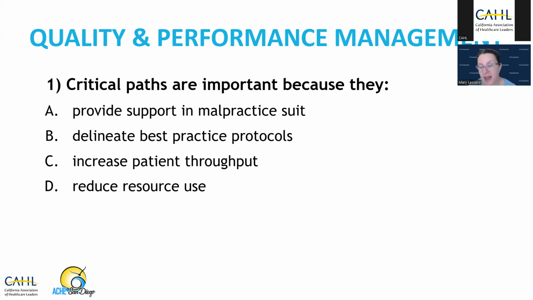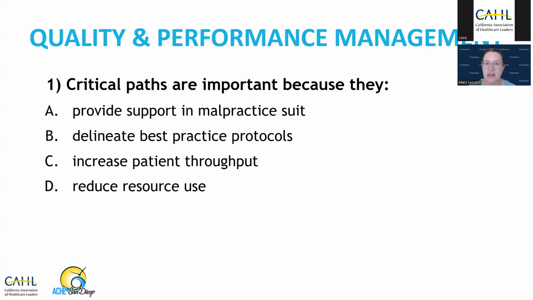Critical paths, if you know what critical paths are, are just templates to help decision makers in quality and performance management. And if you are sued, they could provide support, but I don't think that's the best answer here.